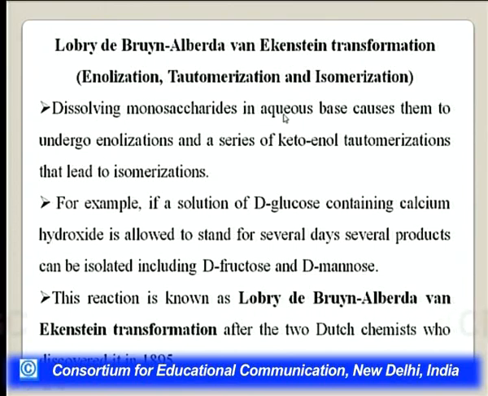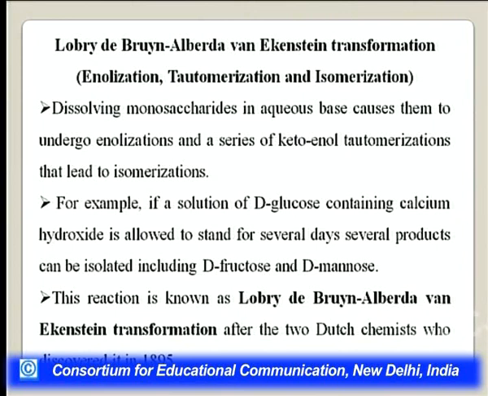Dissolving monosaccharides in aqueous base causes them to undergo enolization and a series of keto-enol tautomerizations that lead to isomerizations. For example, if a solution of D-glucose containing calcium hydroxide is allowed to stand for several days, several products can be isolated, including D-fructose and D-mannose.